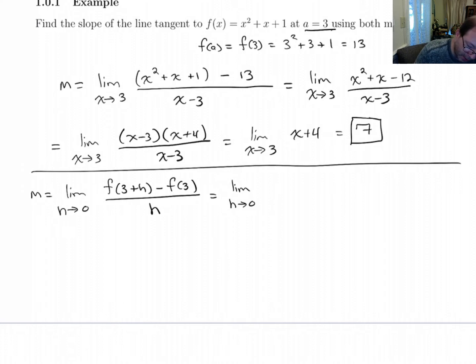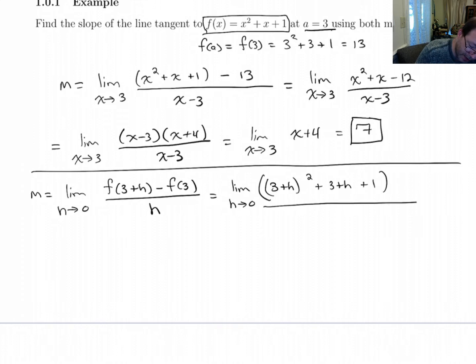All right, if I plug in 3 plus h into my original function, I get 3 plus h squared plus 3 plus h plus 1. And again, I'm going to put some parentheses around that just to emphasize that that is f of 3 plus h. Minus f of 3. Well, we already figured out f of 3 is 13. And this is over h.